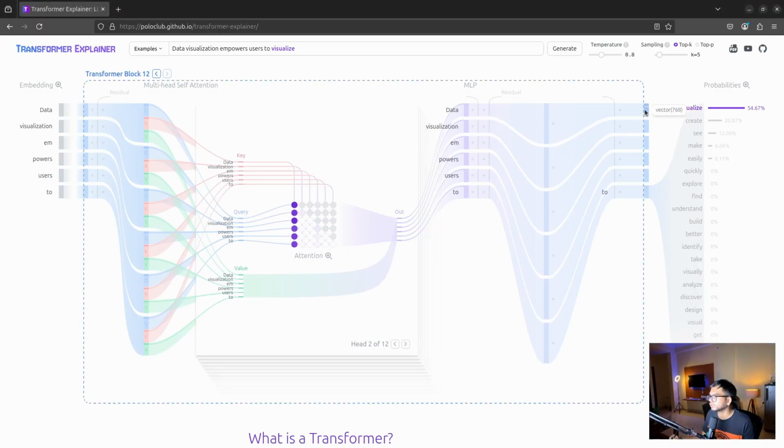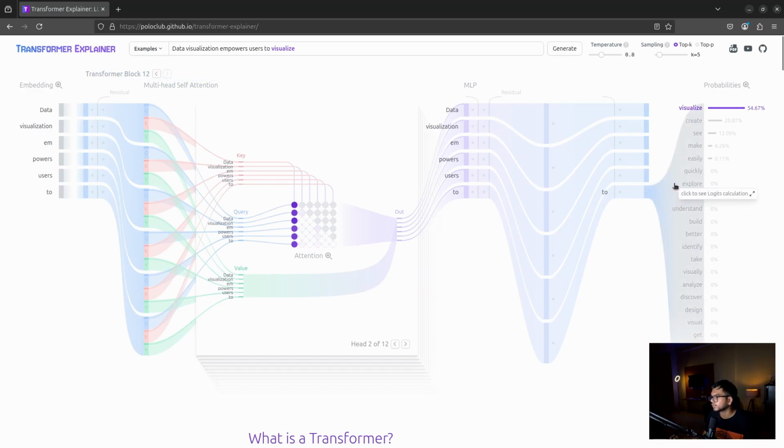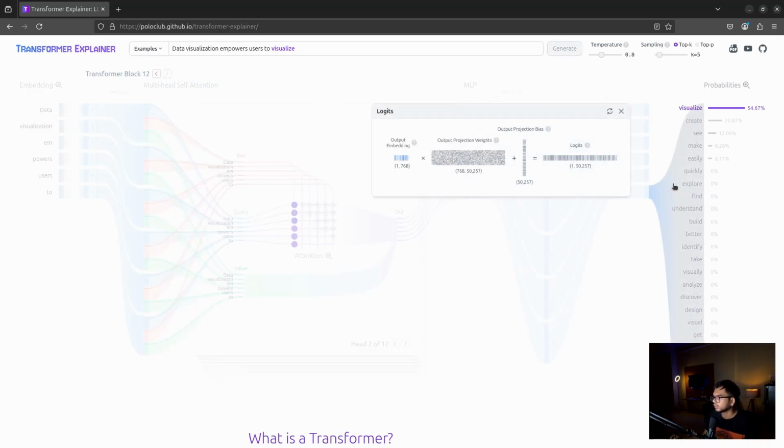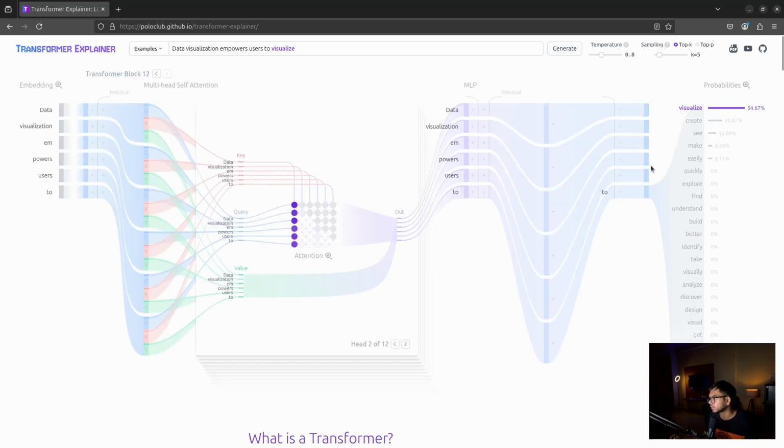Okay, so this is the output, and here is how we do the logit calculation. This is the embedding, the last embedding. These are all the vectors, right? We are not taking all the vectors, we are taking only the last vector.